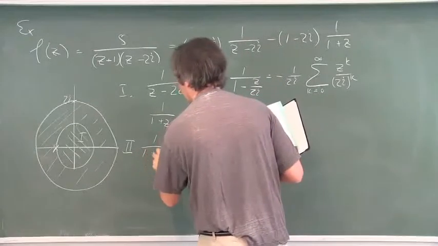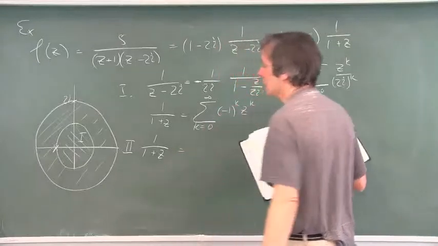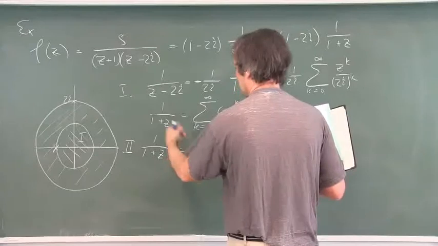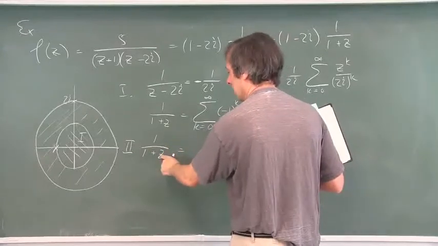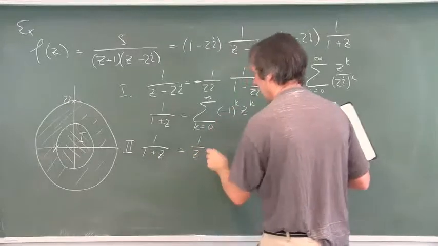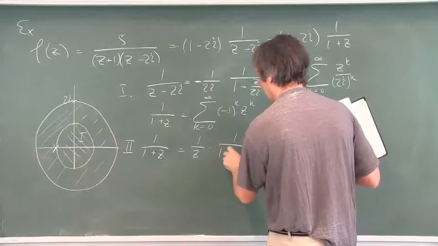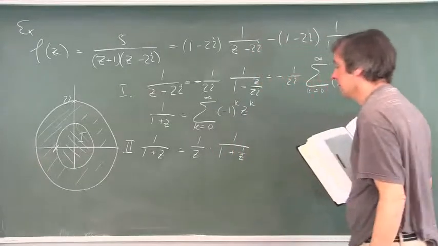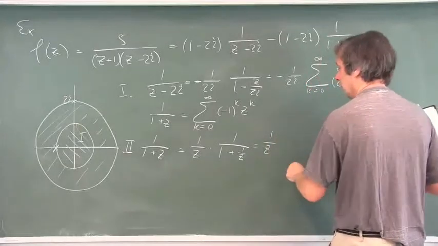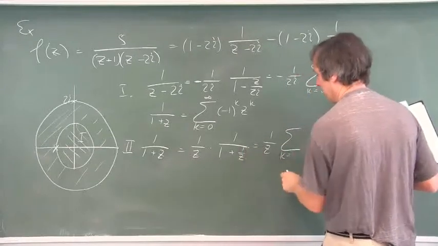And in this case, what we'll do is actually the same trick as in the proof of the Laurent expansion. What we do here is that we extract the factor 1 over z first. And then we get 1 divided by 1 plus 1 over z, like this. And then you can expand here now by geometric series, because this will have absolute value less than 1.